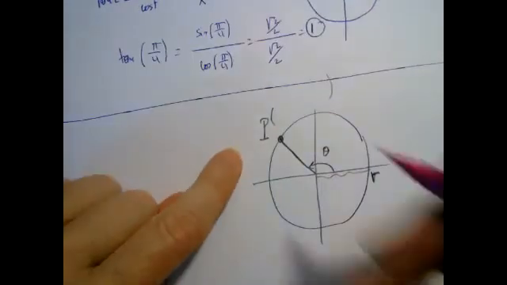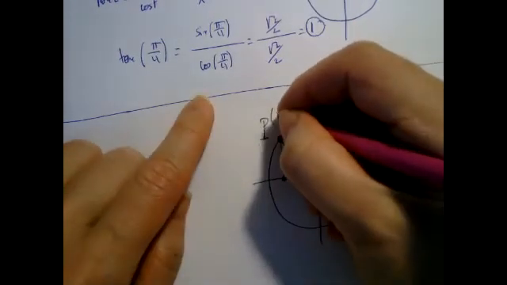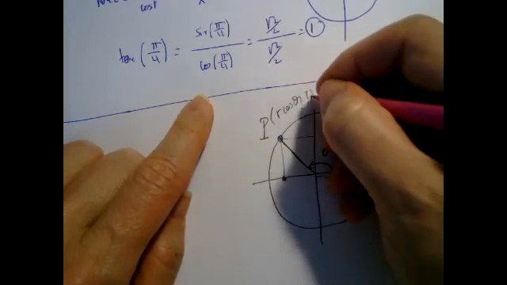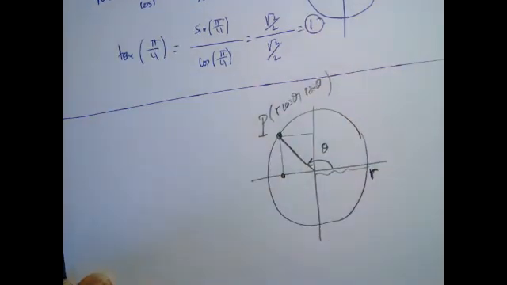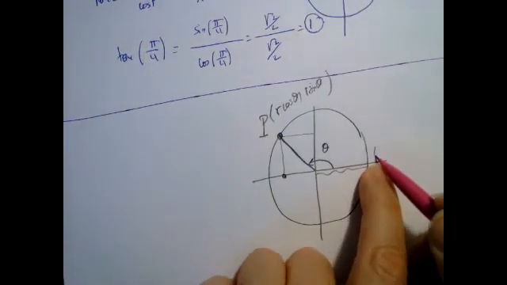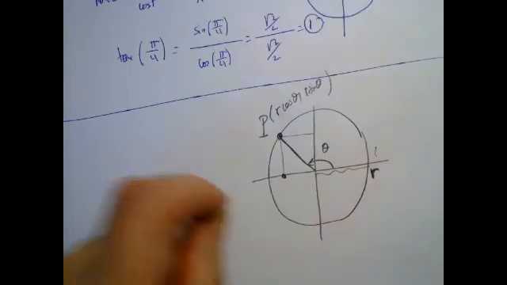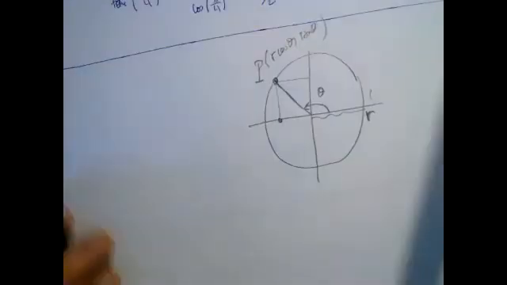So this point has x and y coordinates. The x coordinate is r cosine theta, and the y is r sine theta. That's really what I want to emphasize in those problems. If it's the unit circle, then that should be cosine and sine. If the circle has radius r, then we are stretching everything.